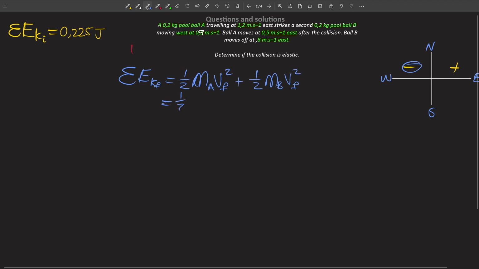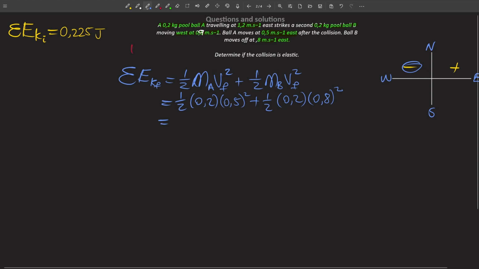Now I will have half the mass of ball A, which is still 0.2, and now the velocity of ball A is 0.5 squared, plus half of the second ball, mass of 0.2, and my final velocity here is 0.8 squared.